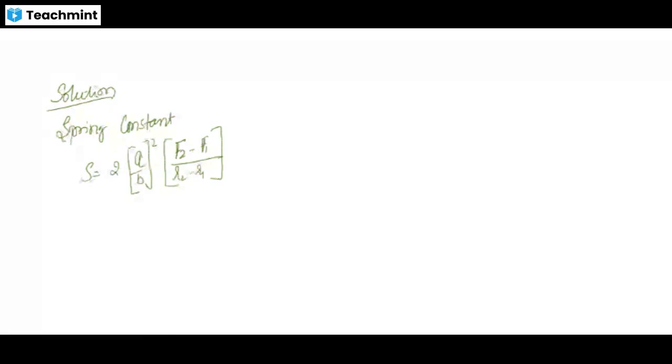So now let us go for the spring constant first. What is the equation to find the spring constant? S equal to 2 in bracket a by b square in bracket, into F2 minus F1 divided by R2 minus R1.